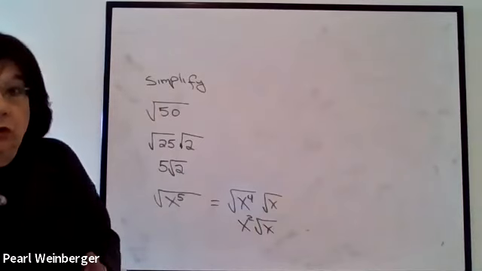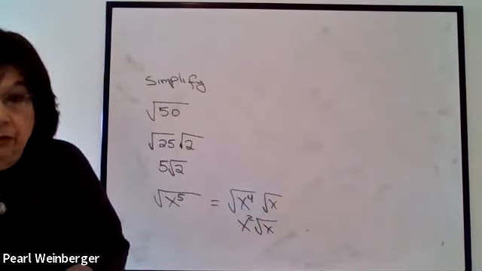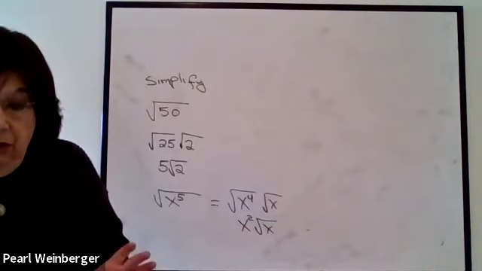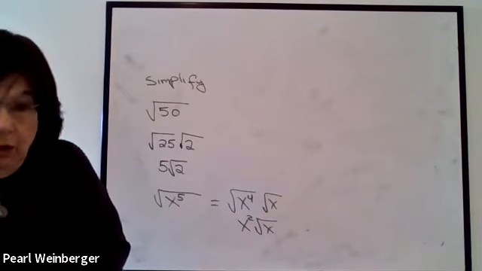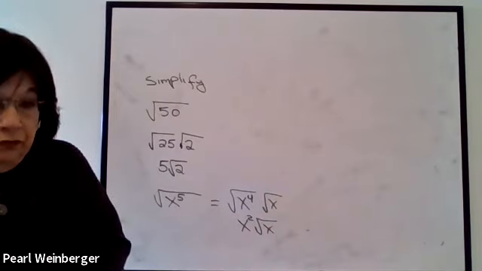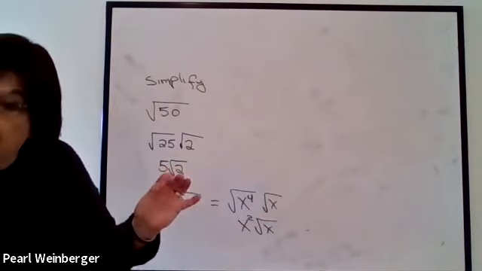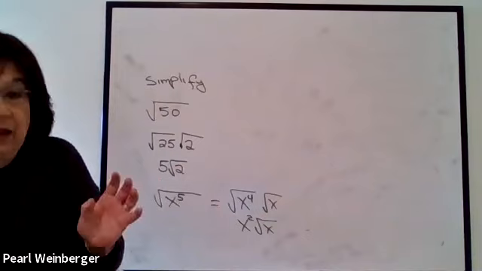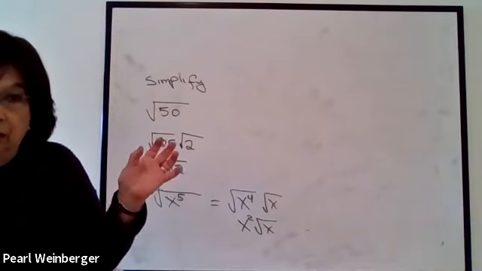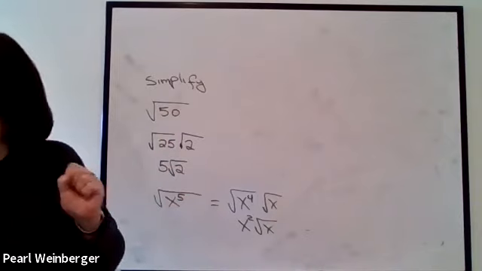So now we know what we can do to simplify radicals. The numbers we break up into one being a perfect square and whatever is left over. The variables, if it's got an even exponent, it's already a perfect square. If it doesn't have an even exponent, take 1 away from that exponent and use that exponent.